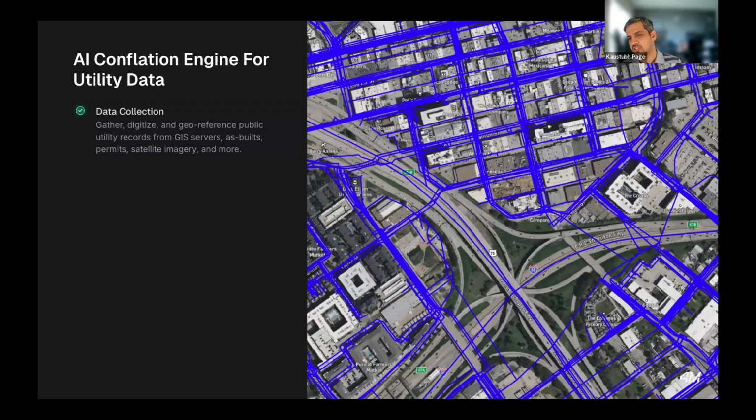These are GIS layers, PDFs, permits, anything we can find in the public domain. We're not accessing any private repository and not reaching out to utility owners. We are just searching the internet and collecting, in the state of Texas, 10 million plus data points. These data points are then synthesized through our AI conflation engine.